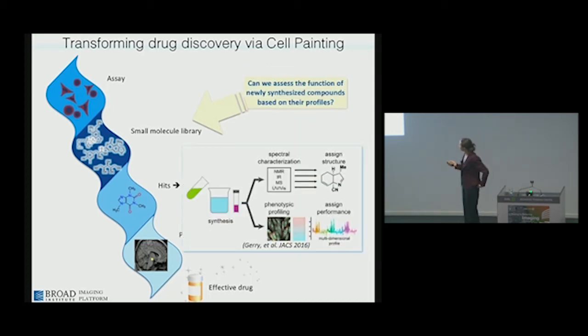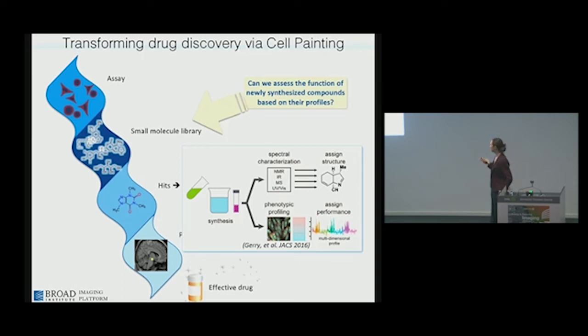We can also assess the function of newly synthesized compounds. Stuart Schreiber's lab is at the Broad, and they synthesize an awful lot of compounds. He now has a rule that if you're a chemist and you join his lab, you have to learn how to do cell culture, and you have to run your new synthetic compounds through the cell painting assay.